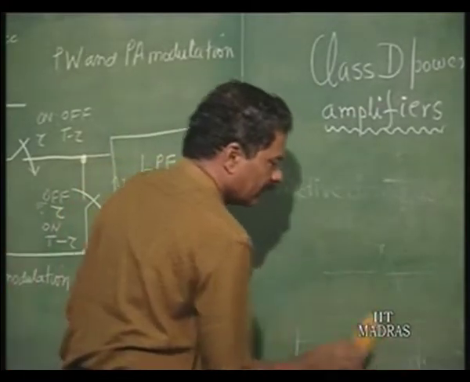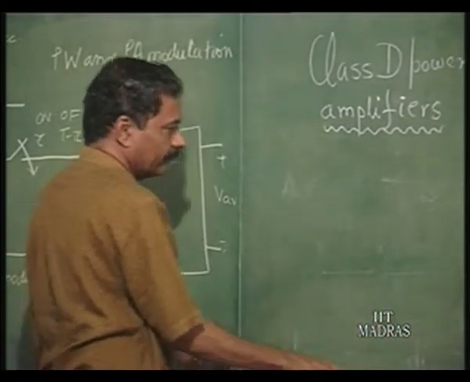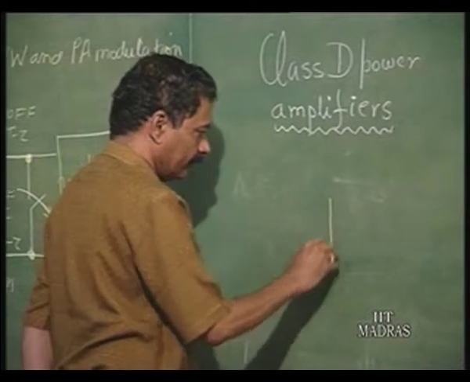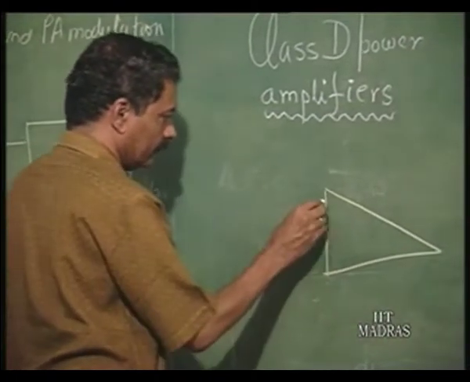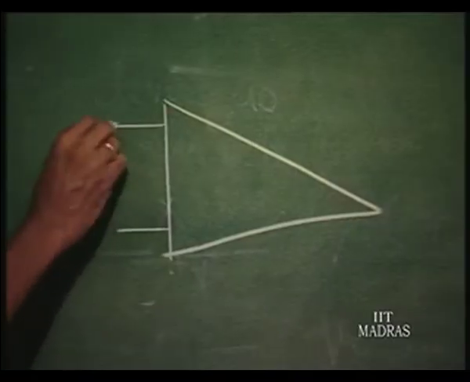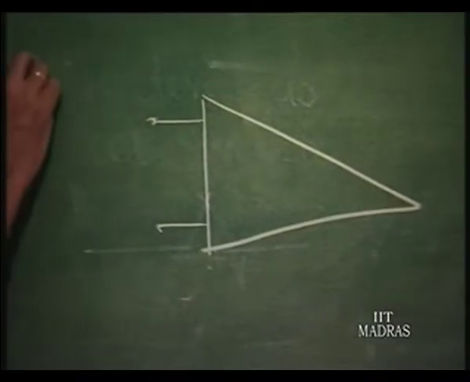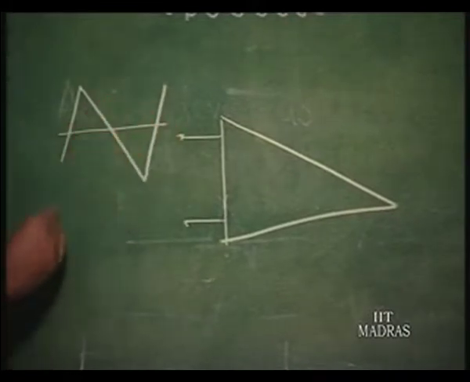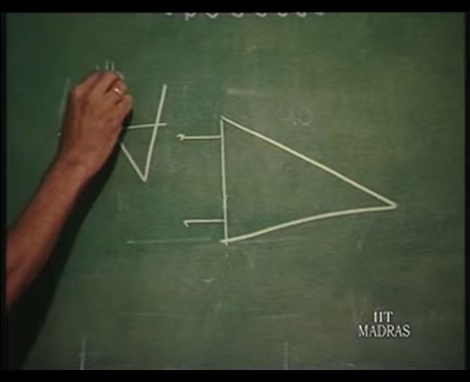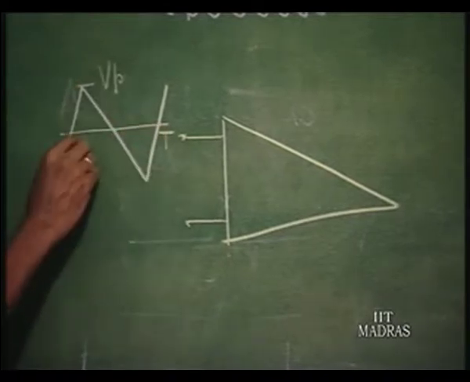First, let us think of a scheme, assume that a waveform is available. This is a triangular waveform whose time period is t.